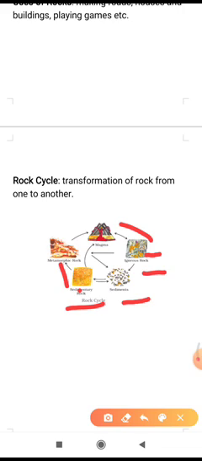Metamorphic rocks, still under great heat and pressure, melt down to form molten magma. This molten magma can again cool down and solidify into igneous rocks. This cycle is continuously going on.